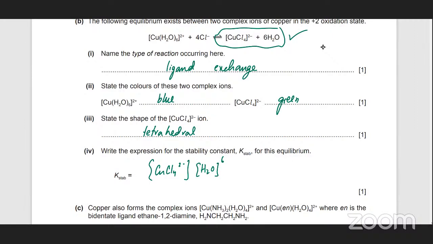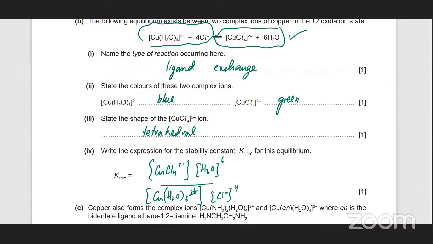Divided by the reactants, and the reactants are Cl and tetra aqua copper complex. So it's CuH2O6 2 plus. Remember, the charge is written within the bracket. The brackets represent concentration. And then there is Cl minus 1, and its concentration is to the power 4.